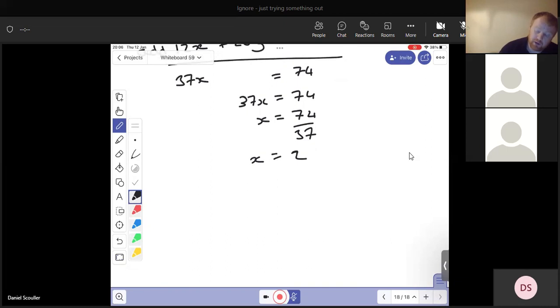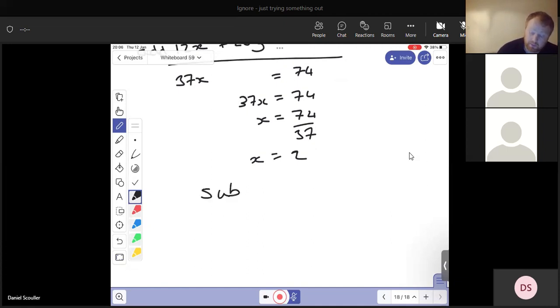I tried to see if there's an easier way to simplify that, but there's not really. If you get something that looks like that, just see what happens when you double or triple the bottom number, to try and get that number. So we get x equals 2.